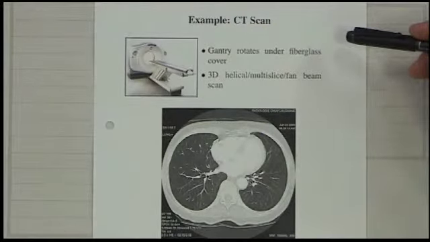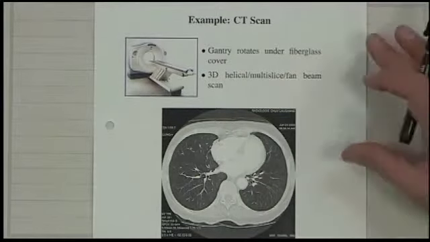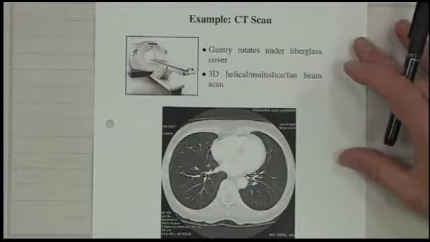And MR is not a form of tomography. Magnetic resonance imaging is distinctly different, has a different set of equations, and we'll talk about that. So we'll learn about the two canonical examples, you might say.